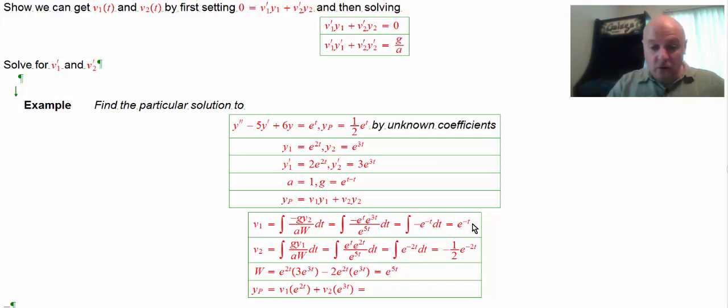So now I've got the v1 and v2. They're not constants. They're functions. I'm looking for the particular solution. The particular solution is v1 y1 plus v2 y2. So I need to put those in.